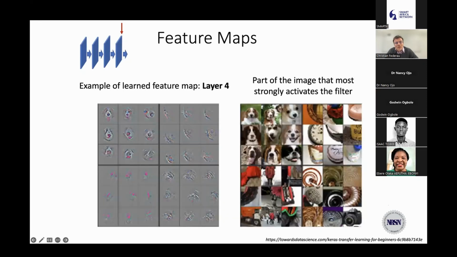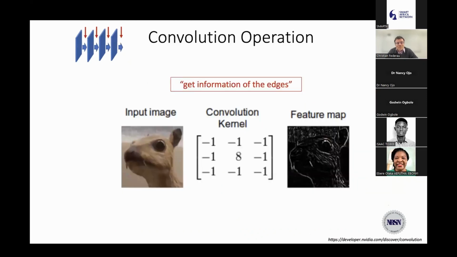And if you go deeper and deeper, you're going to see more and more complex structures. Like here, you start to see images of dogs. So basically the network is learning. The deeper you go, the deeper the feature maps, the complexity is going to increase, the more complex things the network is going to learn. Yeah, and that's an interesting property of these networks, and I think it's really interesting to observe this.